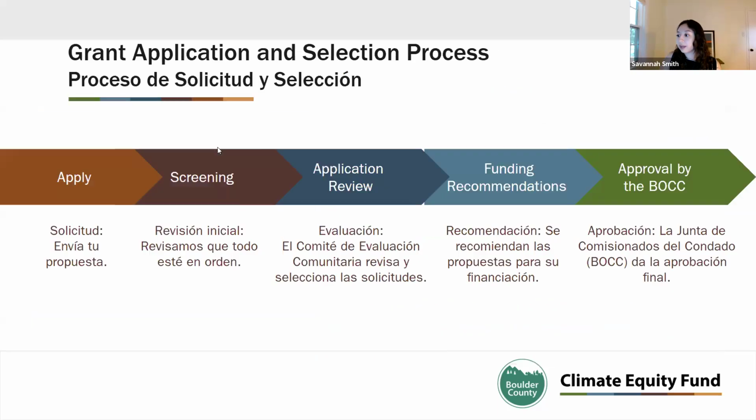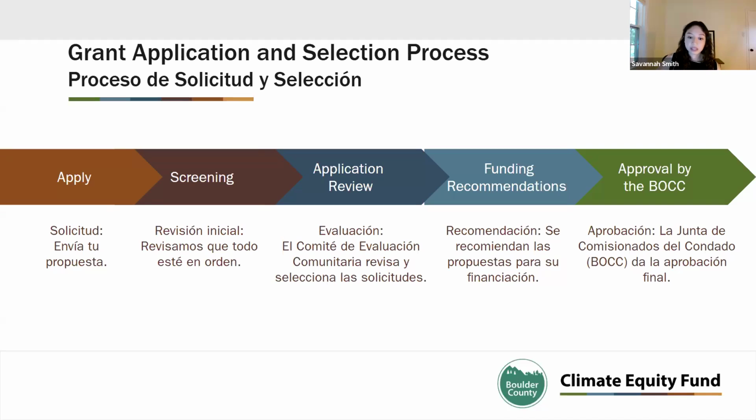Okay, so now we're heading to the grant application and selection process. This shows the steps from applying to become a grantee to being awarded. So once you know that you're eligible, you can submit an application now until September 15th. Once your application is submitted, we will screen it to make sure all of the required documentation is there and to confirm eligibility.